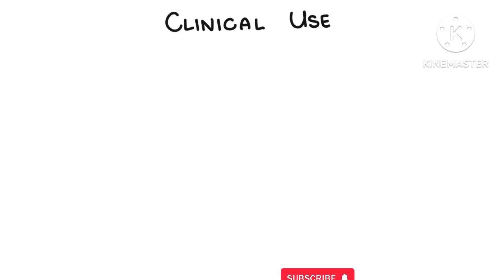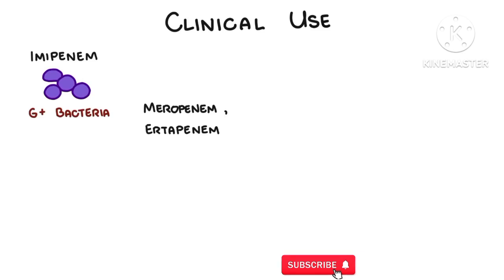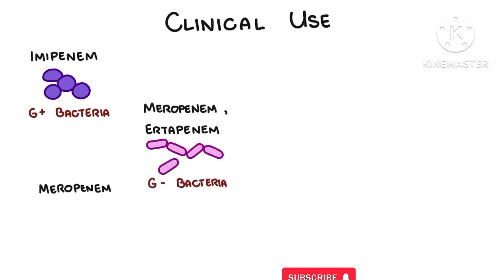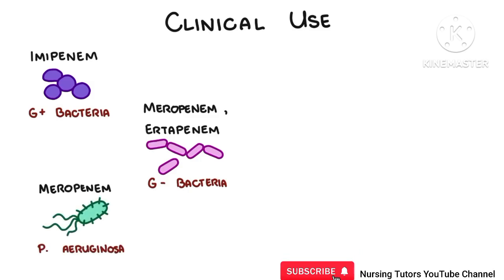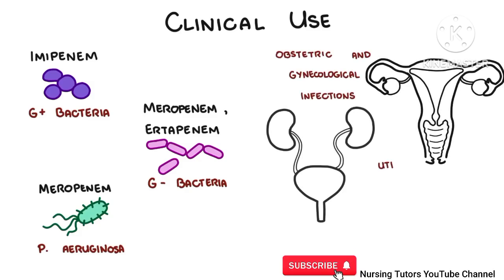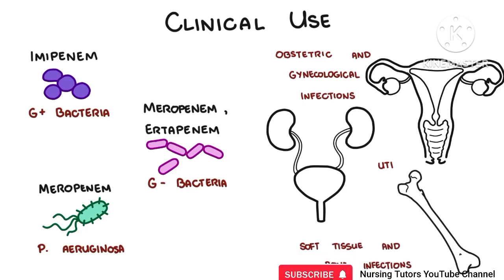So let's briefly look at the clinical uses of these drugs, for which we gave examples like imipenem, meropenem, and ertapenem. Imipenem is highly effective against gram-positive bacteria, but meropenem has an extended spectrum against gram-negative bacteria, and meropenem is also effective against Pseudomonas aeruginosa.